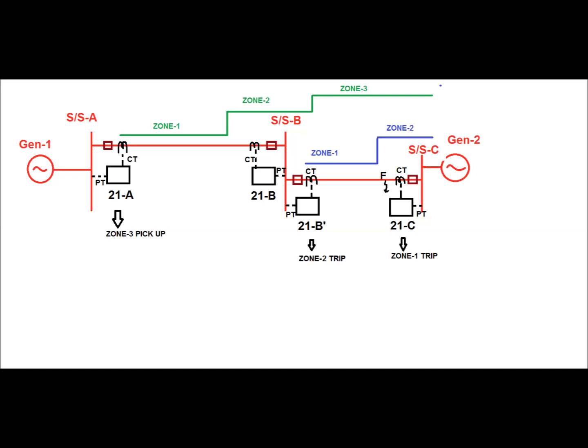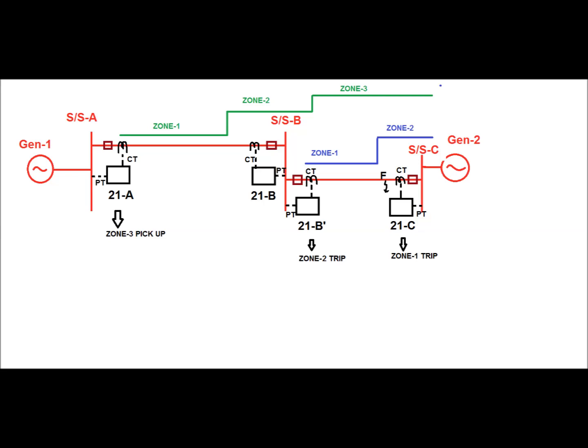Now consider a fault occurs for line segment B and C at point F, that is the fault is located for the 21B dash relay in zone 2 and for 21C in zone 1 pickup. At the same time the 21A relay will pick up at zone 3.